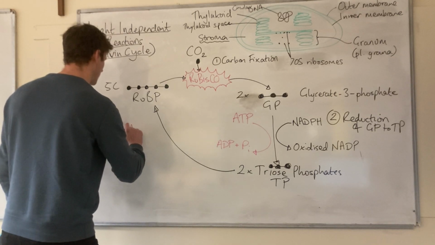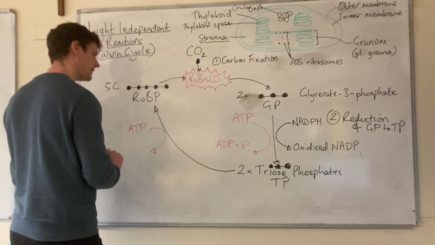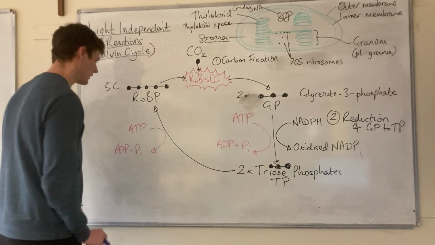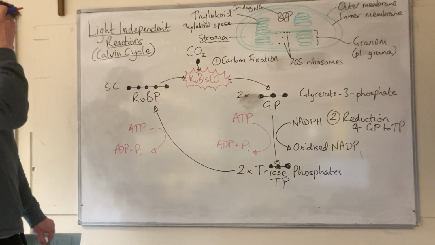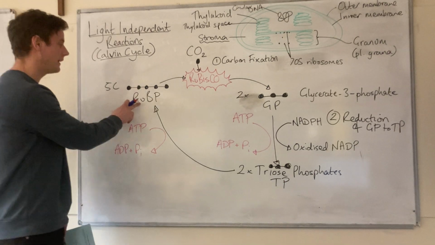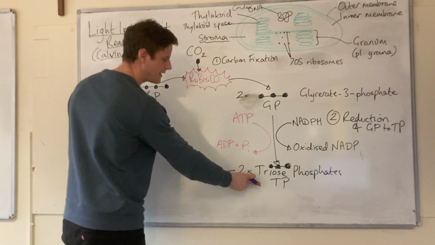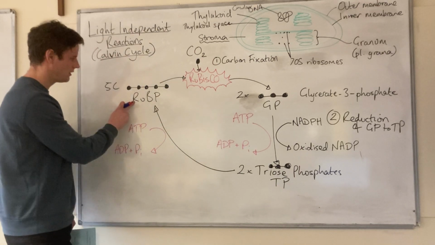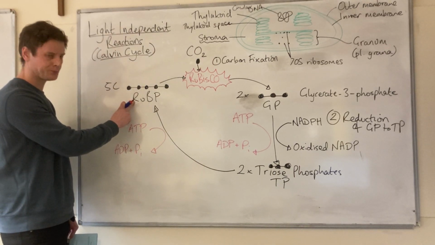That energy comes from the hydrolysis of ATP into ADP plus inorganic phosphate. You're probably wondering at this point, two things. What is the point of all of that, if we've just come back to the start? And how did 2 3-carbon triose phosphates produce 1 5-carbon ribulose bisphosphate?